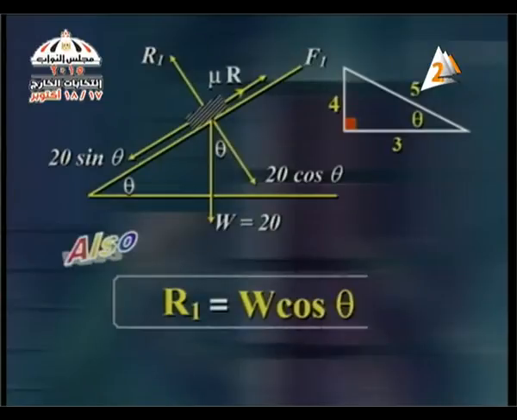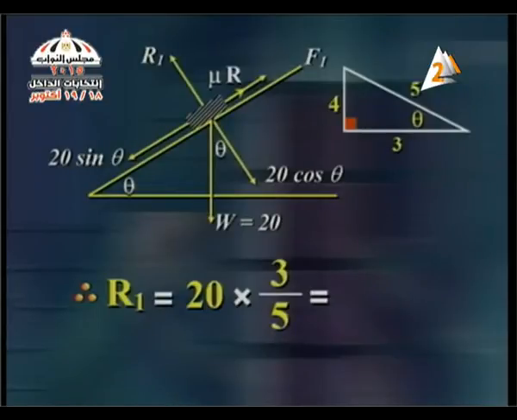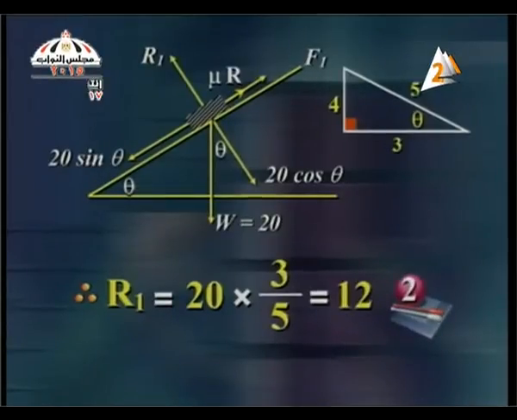Also, R1 equals W cosine theta, which is 20 times 3 over 5, which is 12 Newton, and this is equation number 2.